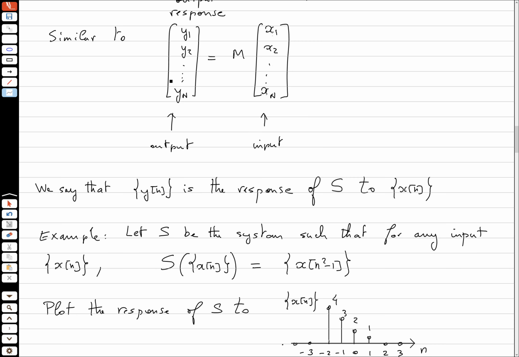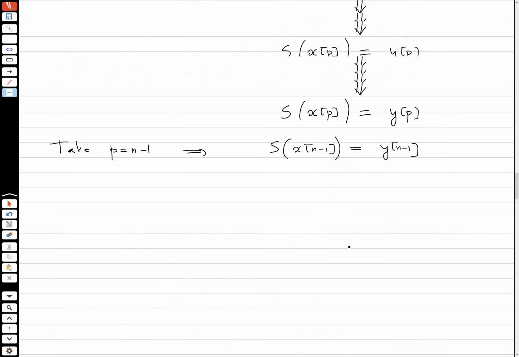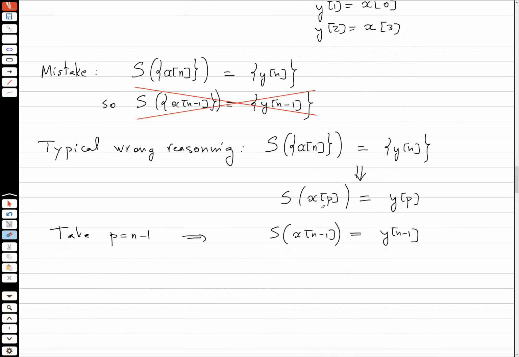That's right. So writing this is already wrong. You cannot say, oh, for this particular value of n, I will get this particular value of n. So since this is wrong, then this becomes wrong.